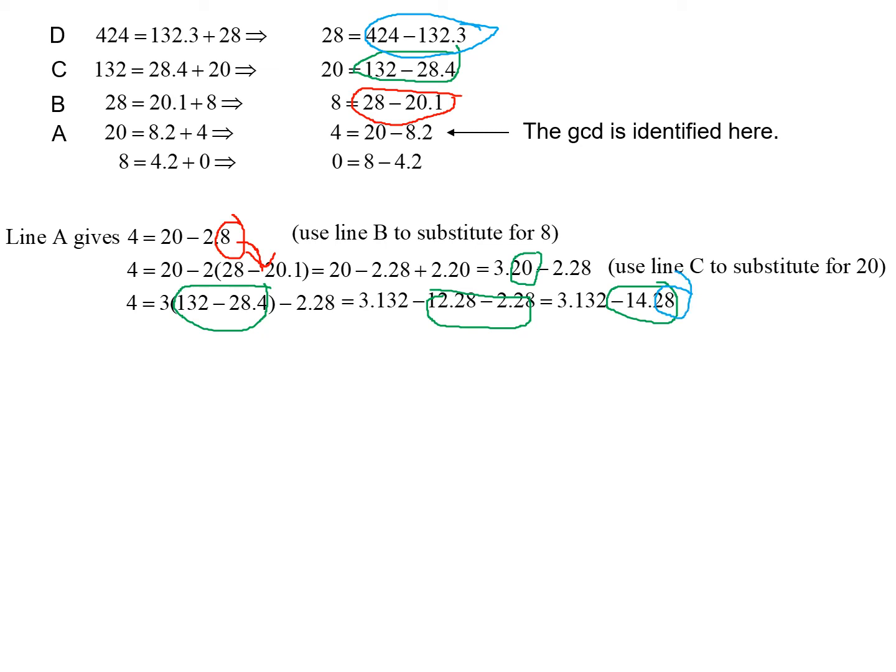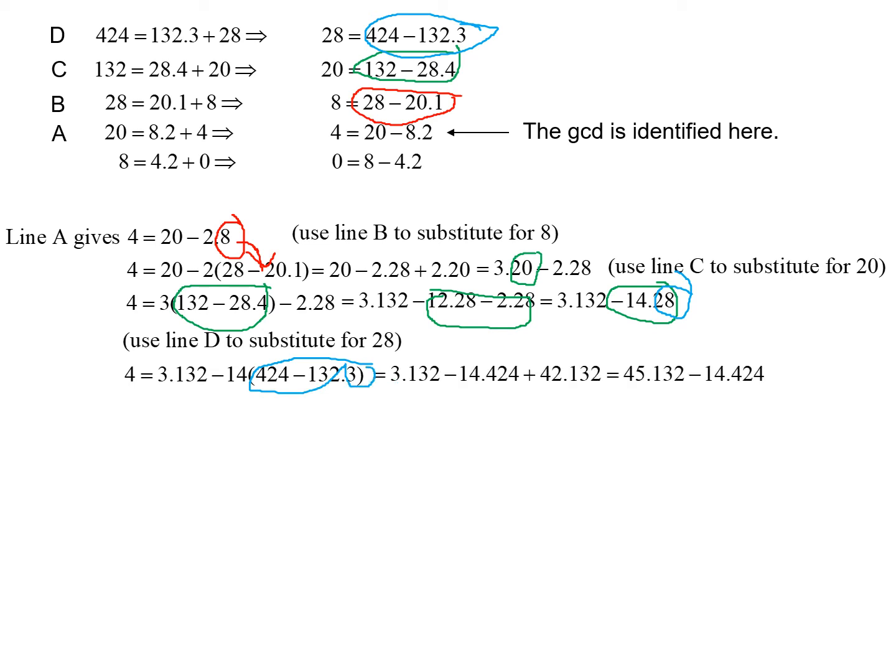What we're going to do here is use line D to substitute for 28. So 28 goes here, 14 of 28. Then we expand it. So 3 times 132 minus 14 times 424 minus 132, and then this becomes 42 of 132, right?